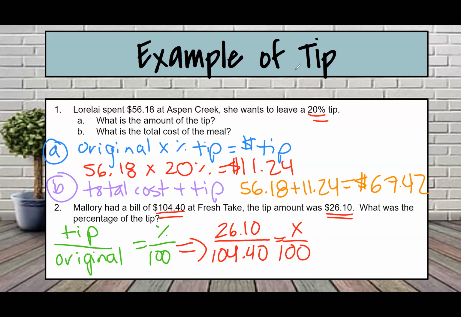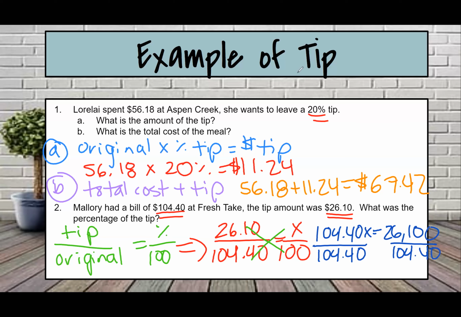Then we have to cross multiply, and that gives us 104.40x equals 2,610. We would have to divide each side by 104.40, and that gives us X by itself.